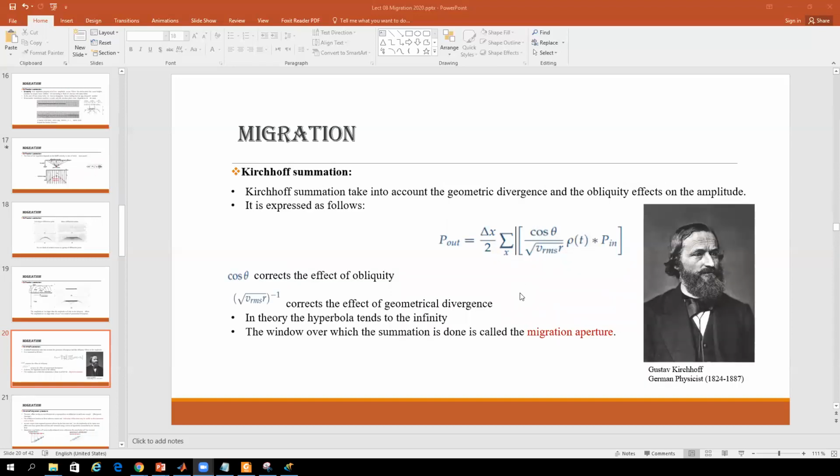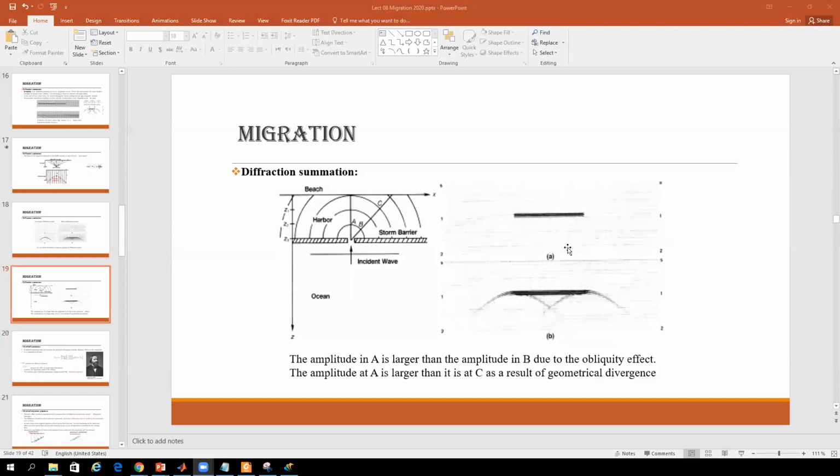The first migration which was run using the diffraction curve was the Kirchhoff migration. The Kirchhoff migration takes its name from Gustav Kirchhoff, a German physicist, using his summation formula of amplitudes, which actually comes from optics.